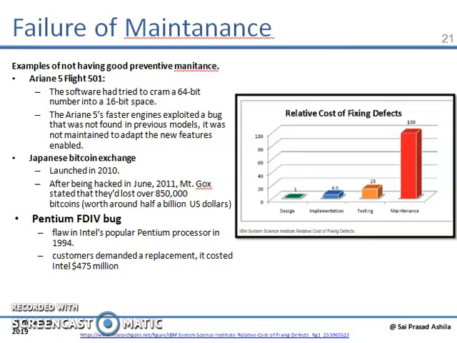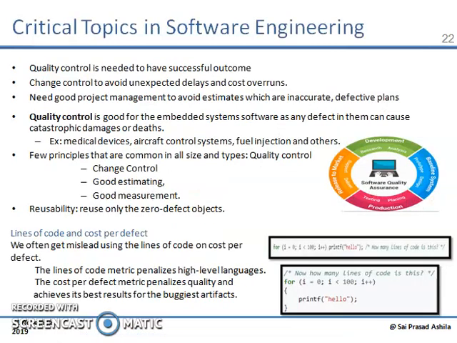It was not maintained to adapt to the new feature. It is a preventive maintenance issue. There are a few other cases, in the Japanese Bitcoin exchange and the Pentium processor.